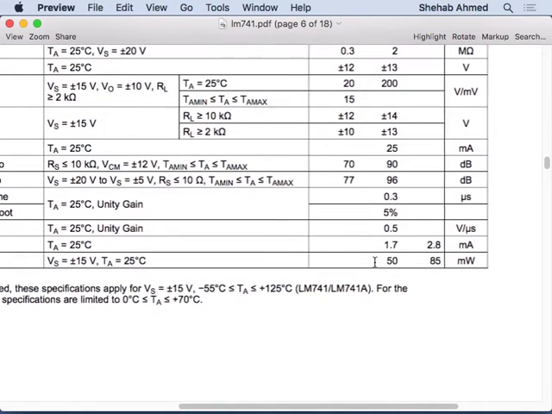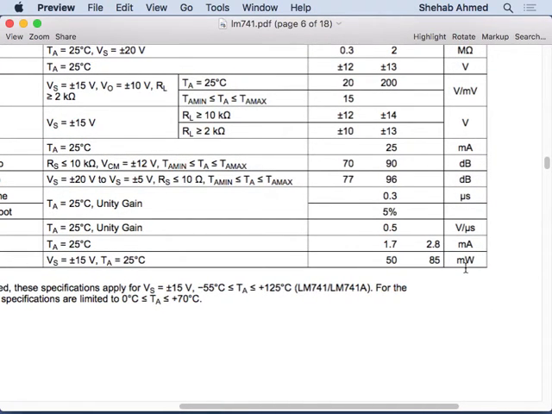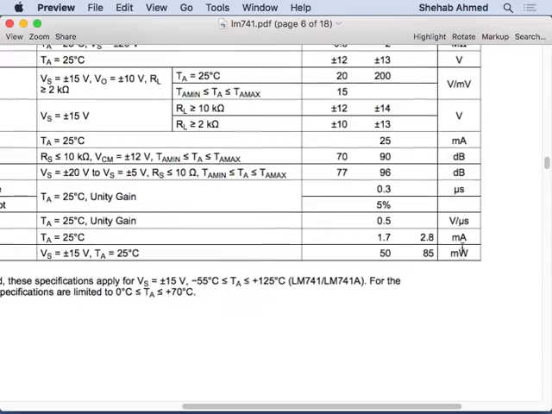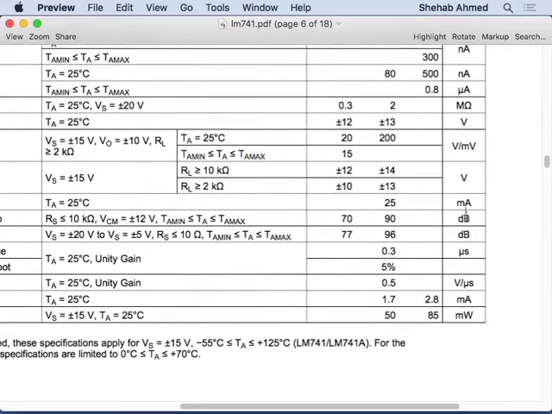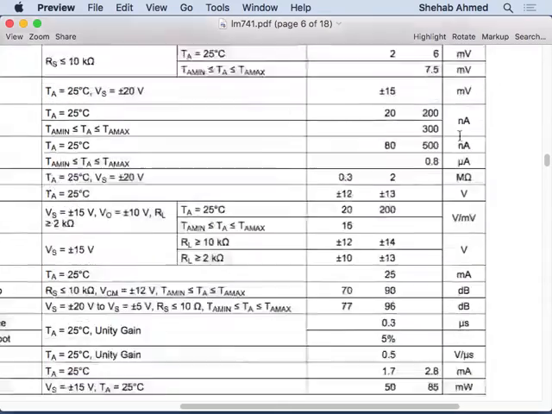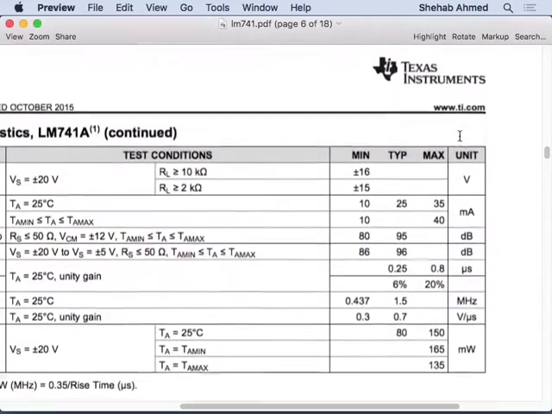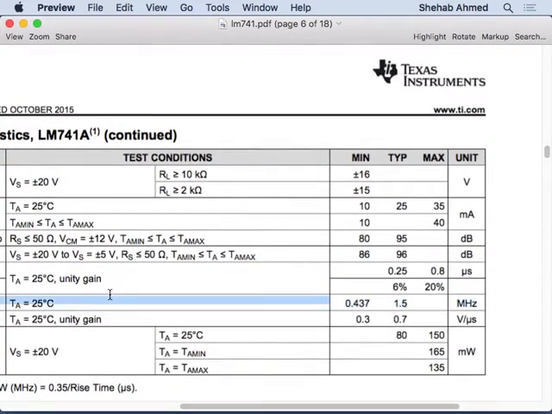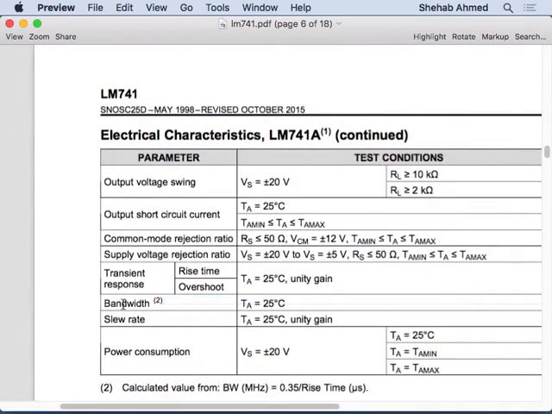So I wanted to go and look at the datasheet and see if they're specifying any frequency. I looked at all the parameters that they're specifying here. All of these are in what? Nothing in hertz, right? This was the only thing in hertz. So this is bandwidth.